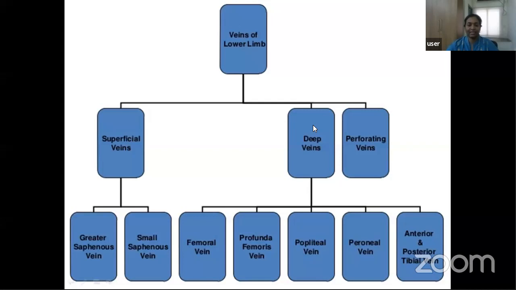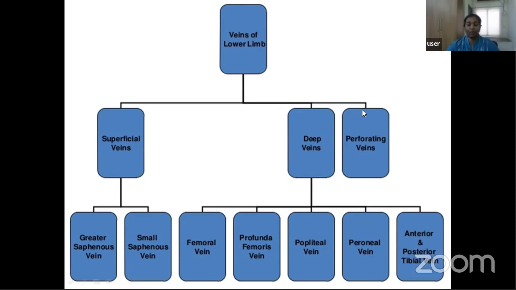The deep veins are present along with the arteries. They go along with the arteries as the femoral, popliteal, peroneal, anterior and posterior tibial veins. And as we told, the anterior and posterior veins will be double and called venae comitantes, which help for the venous return.